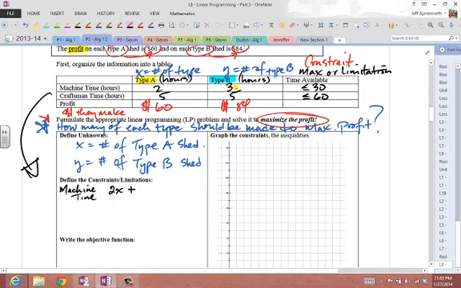If you build 3 type B sheds, it's 3 times 3, or 9 hours. In general, you take your number of hours and multiply it by the number of sheds that you make. We're making y type B sheds, so you multiply 3 times y: 3y hours for type B. But you have a limitation on machine time. There's only a certain available amount of time, and the problem states that it's less than or equal to 30 hours for the total machine time.